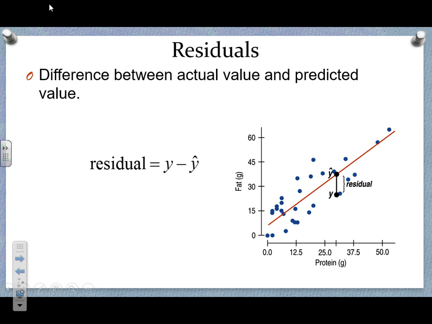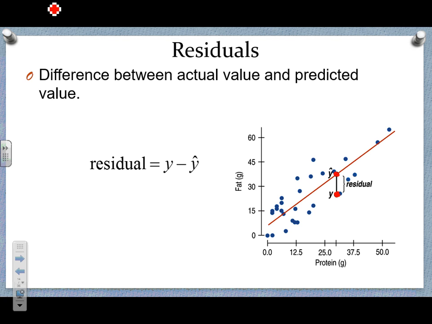So when we're looking at our screenshot over here, our actual value of y happened here. The line predicted that for that value of x, we'd actually get this y value. If we look at the difference between the two of those, if we take the actual minus the predicted, that's going to give us our residual.